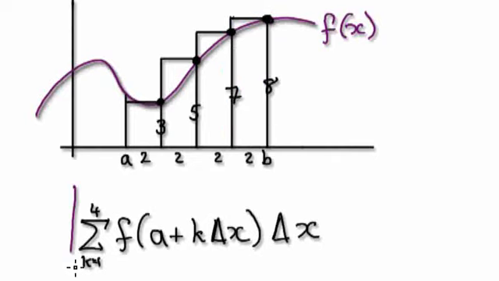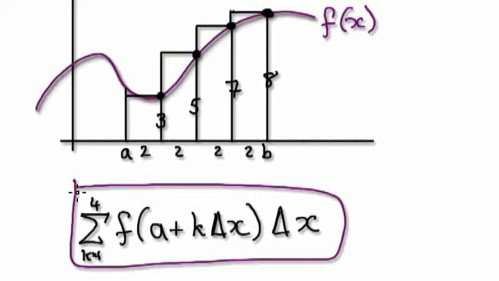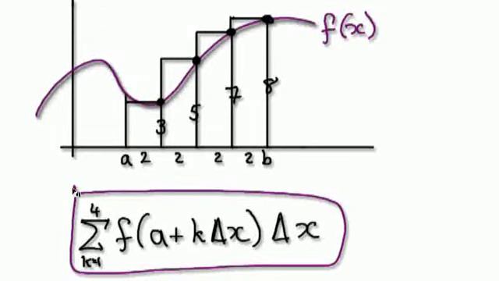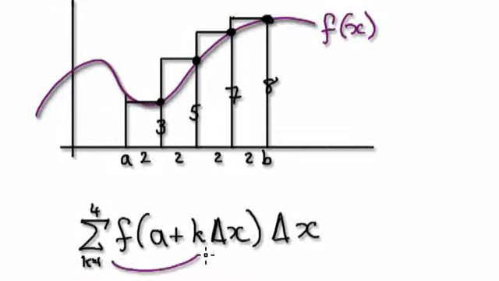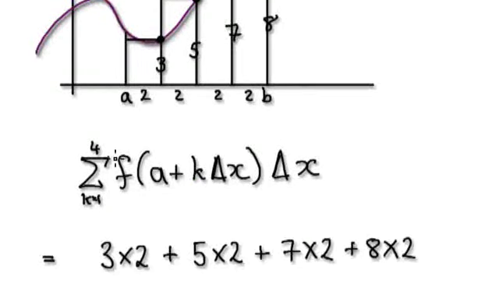So when you look at this here, when k is 1, you put the 1 into the k here, and it will give you f of a plus 1 delta x.